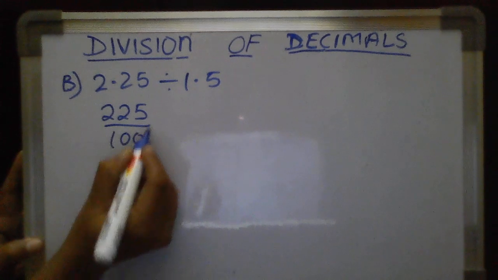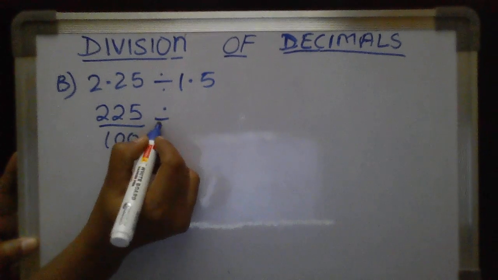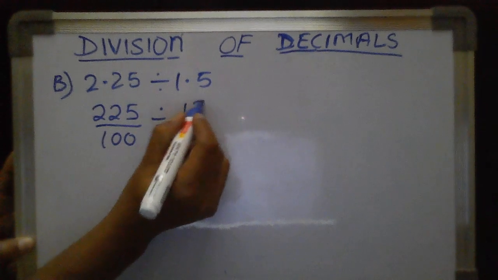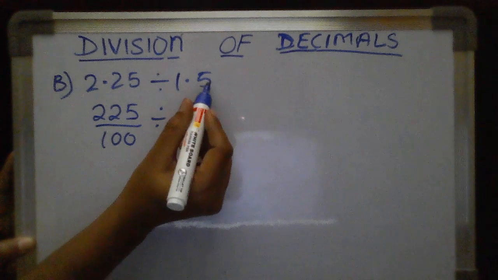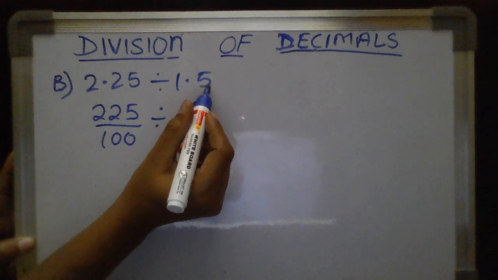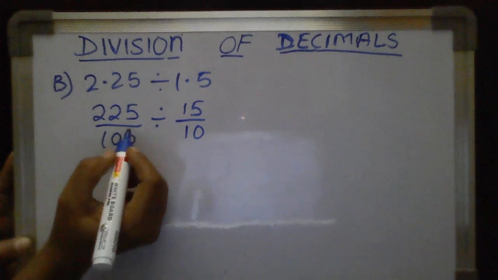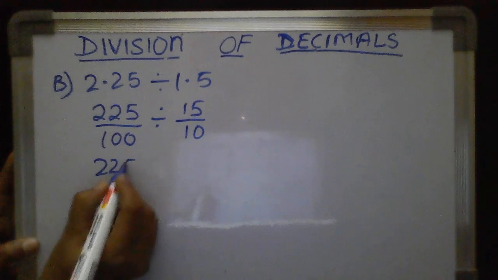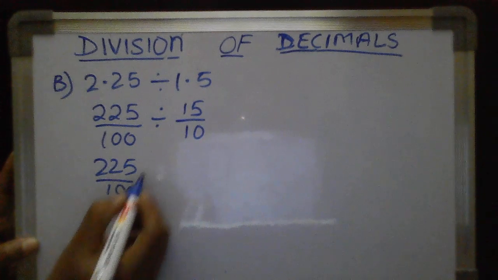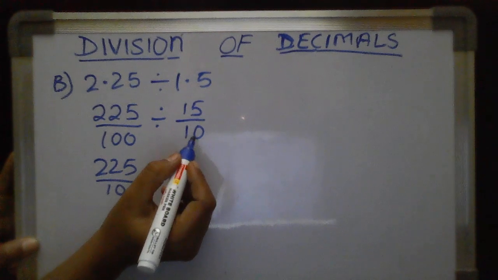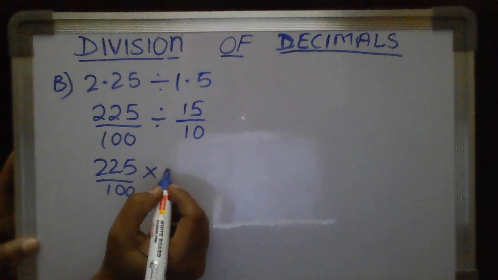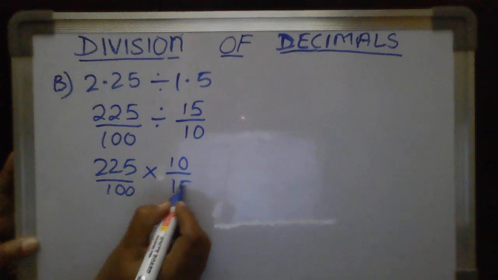So it is 225 by 100 divided by 1.5. So it becomes 15 by 10, as you have one decimal number after the decimal point, or you can also say that 5 is in tenth place here. So now 225 by 100 into, now you have to write the reciprocal of this. So 15 by 10 becomes 10 by 15.